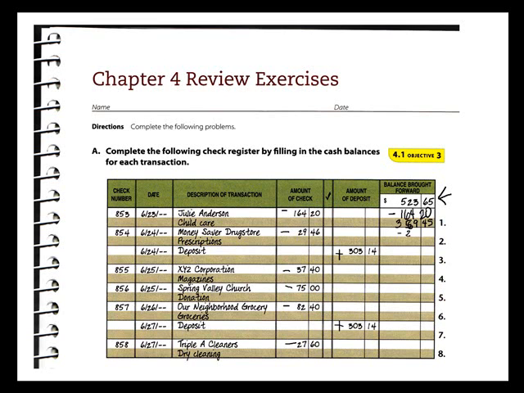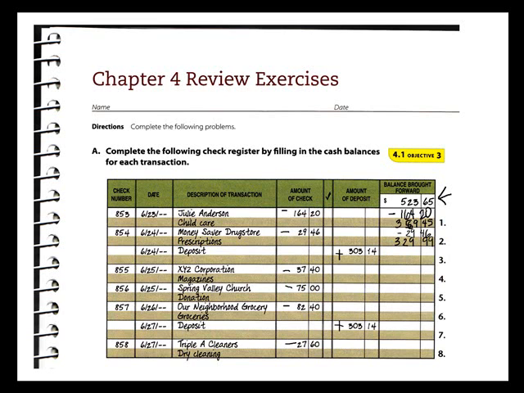So then I'll subtract $29.46 from my $359.45, and then I'll do it on my calculator just to make sure that I don't make any silly mistakes like I almost did before. I get 329.99. Okay.